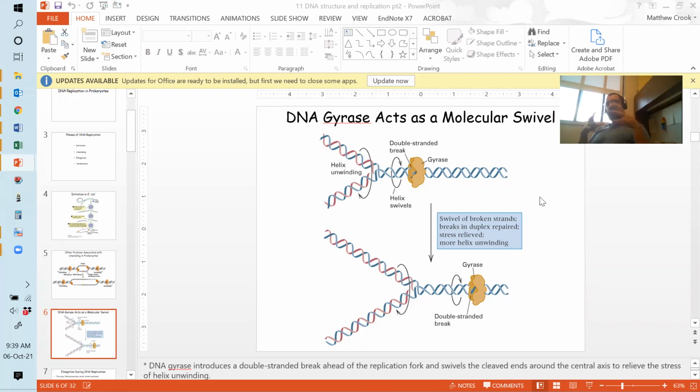Kind of hold it all in the same kind of space, allow the DNA to rotate or swivel, and then stick it back together again, which I think is pretty neat. Also making sure the right strand is stuck to the right strand, because you don't want to start screwing things up as a result.